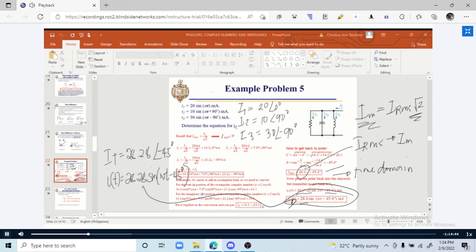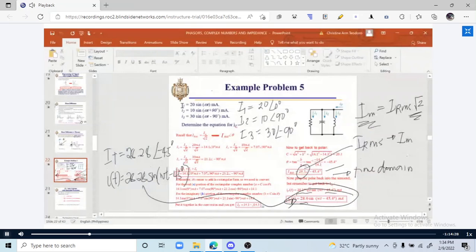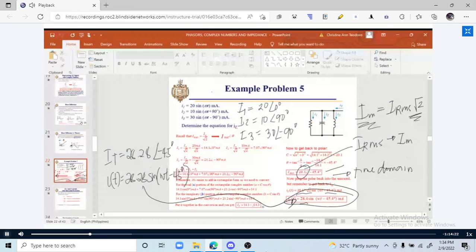Okay, so what setup are we in? Take a look at the given. The given are given in what domain? Sorry, in polar po, ma'am. Okay. Take a look at the given. These are the given, Lawrence.